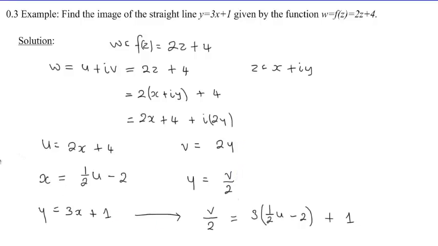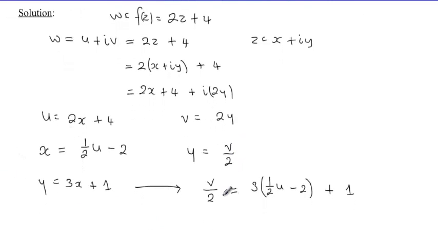Then simplifying this expression, we see that v equals 3u minus 10. Now, if you look at this last expression, 3u minus 10, you can see that this is also an equation of a line.